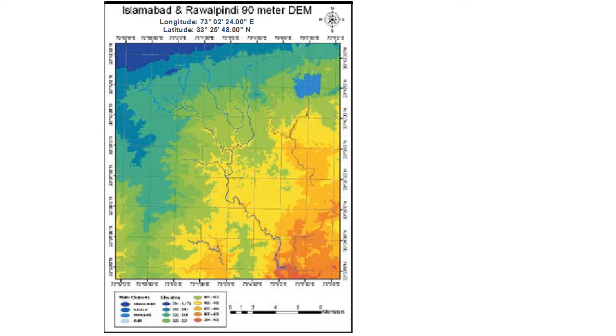So this one which I'm considering now, Islamabad Rawalpindi 90-meter DEM, this is a digital elevation model, and you can see maybe the Rawal Dam, in the right upper corner, or it can be the other one near Haripur, but I think it is in Islamabad and Rawalpindi area.